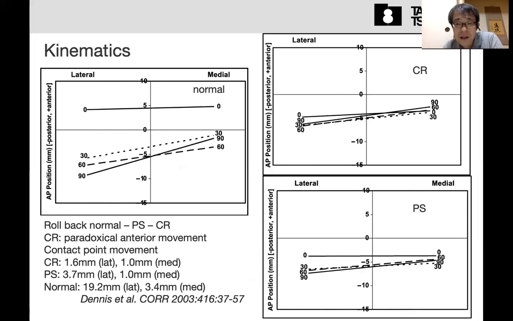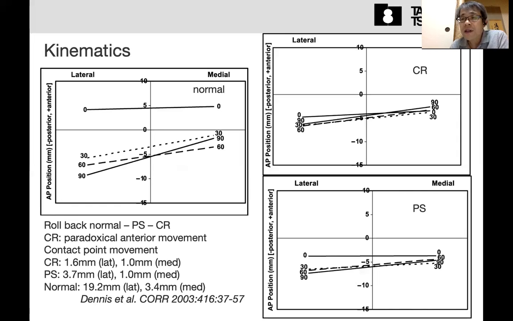So the medial side is very stabilized, but the lateral side gradually moves posteriorly. So it is a smaller amount, but a normal posterior movement, because this motion is induced by the post and cam mechanism. In other words, this is a guided motion by the engaging mechanism.